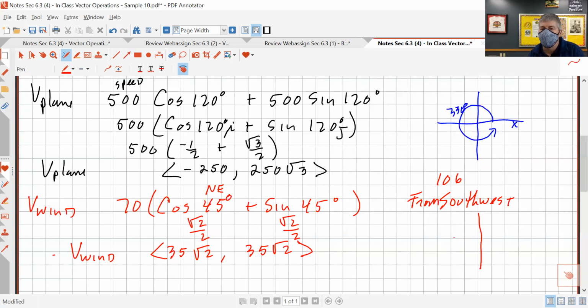So on our compass, if it's from the southwest, there's west, that's south, it's going to be right there, right? A wind from the southwest is the same as a northeast wind, 45 degrees. Does that make sense? All right.